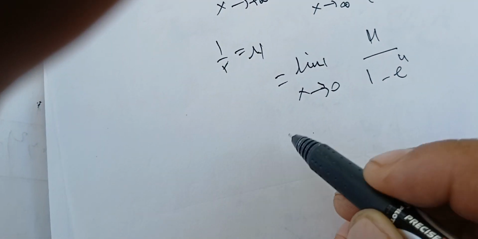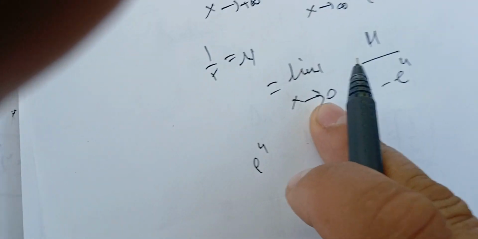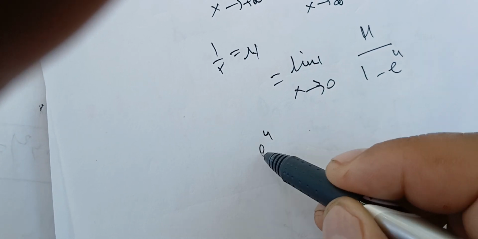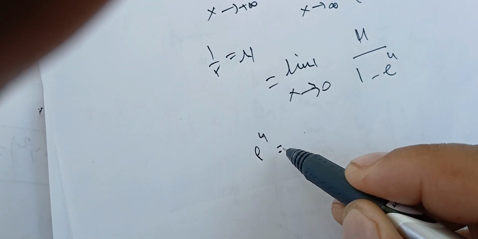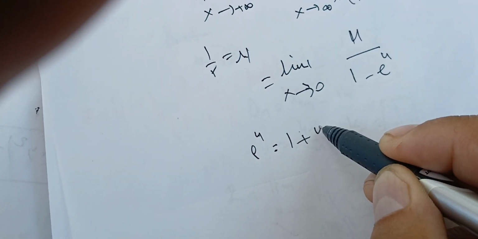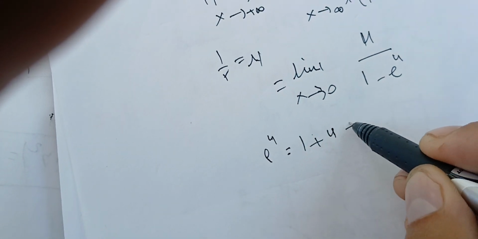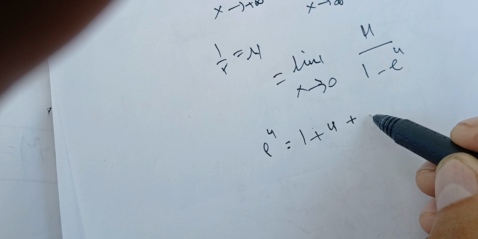But we know Taylor series. We are close to 0, so we can use the Taylor series. So e to the power u is 1 plus u plus some u squared terms, but we are not interested in those.